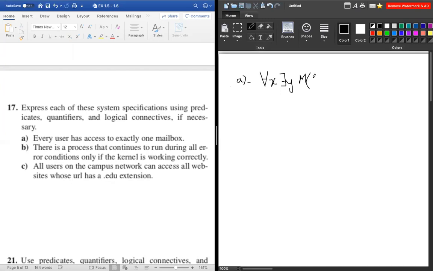Okay. M(x, y). Then we have to say every user has access to exactly one mailbox. The problem with this statement is that there exists doesn't really guarantee that there is exactly one mailbox.